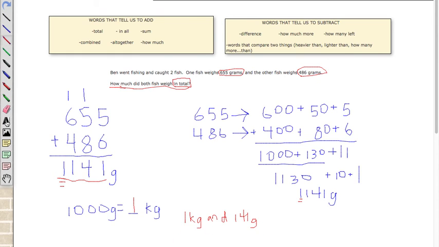So I can say in the end that in total, the fish weigh 1,141 grams, or 1 kilogram and 141 grams.